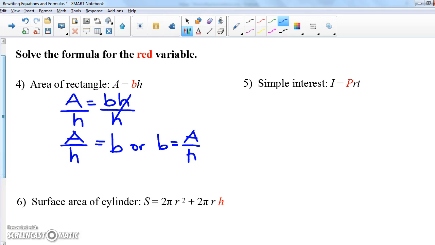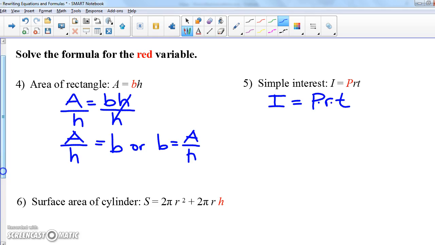All right. Number 5, this is simple interest. This has to do with how your money in a bank earns money, right? So it's interest equals principal, which is the money you put in there, times the rate, how much money the bank is giving you, times the time, how long it's in there. So we're trying to get p by itself. Well, what's happening on the right here? These are all being multiplied.